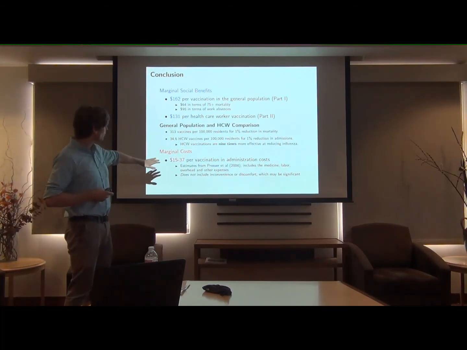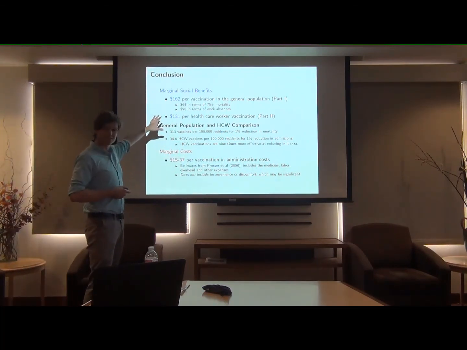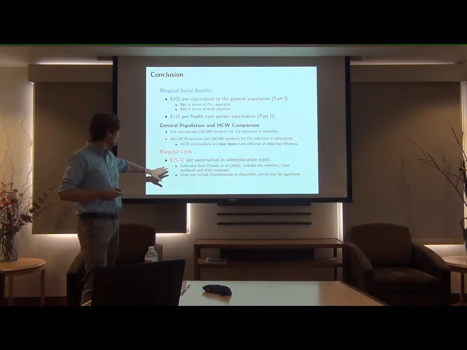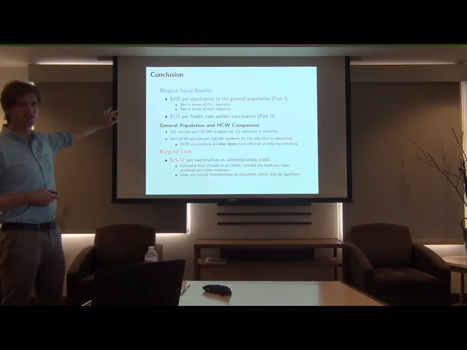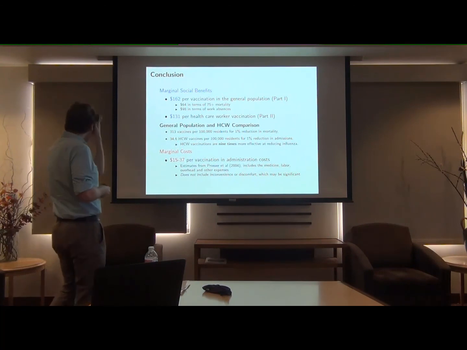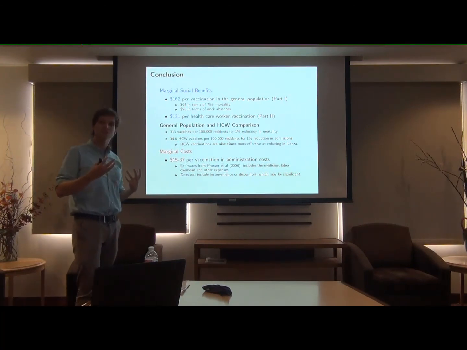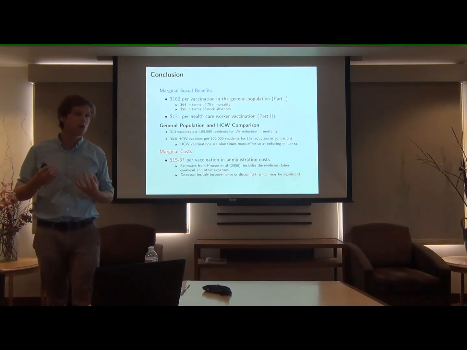Right? So while it's maybe not fair to compare these social benefits with these marginal costs, what I would say is that the benefits I'm estimating here are large enough that if we think about some recent evidence that shows ways to increase influenza vaccination at relatively low cost, it's still going to be likely that programs like those are cost effective.